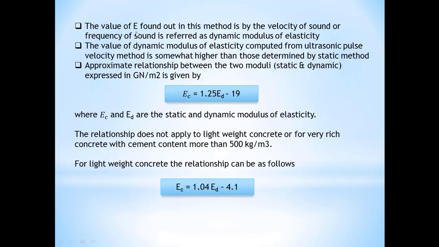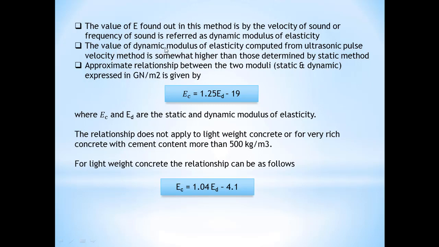Next, the value of E found out in this method by the velocity of sound or frequency of sound is preferred as dynamic modulus of elasticity. Means we can find out the E value using the methods known as velocity of sound or frequency of sound, and it is named as dynamic modulus of elasticity.